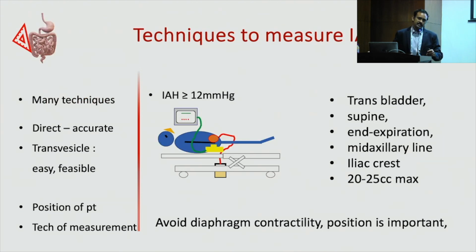If you see the techniques, at least 10 or 12 techniques are all debatable. So finally the experts, with different study backgrounds, fixed one important technique, that is transvesical. Before that, transrectal was there, and directly measuring gastric pressure was there. So many techniques were tested. But the bladder technique was easy, feasible, repeatable, and the variation was much lesser.